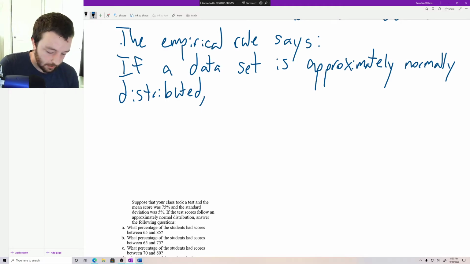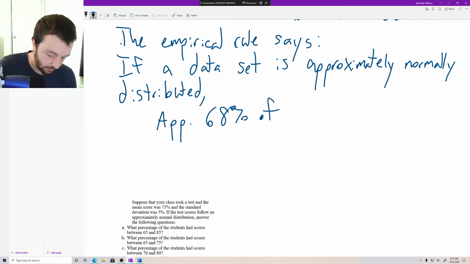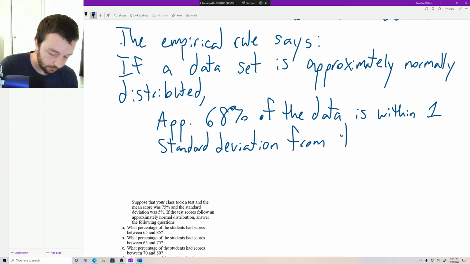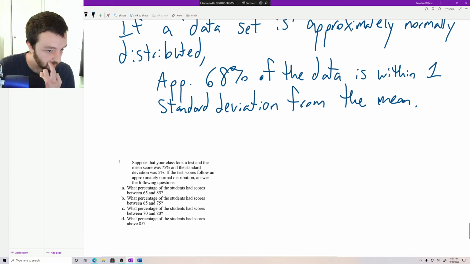So this says approximately, let me just write APP, 68% of the data is within one standard deviation from the mean. Okay.